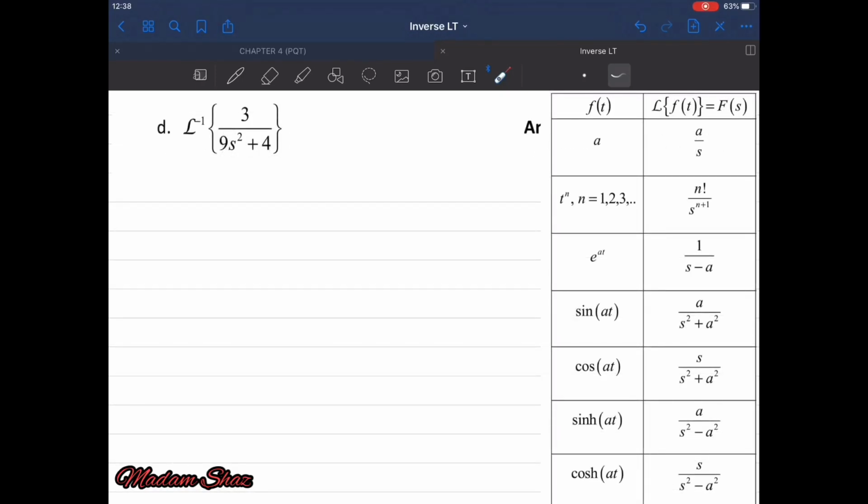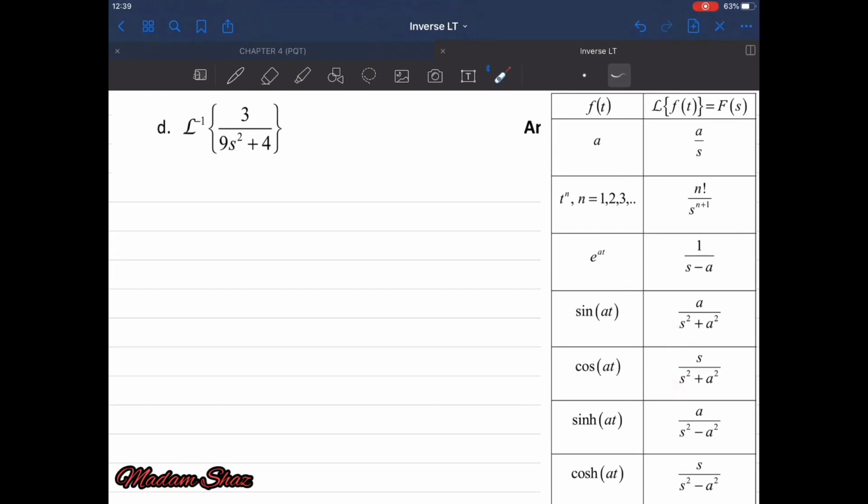By referring to the table of the Laplace transform, the terms that have s squared plus at the bottom side are only a over s squared plus a squared and s over s squared plus a squared. But now this one is only s squared, there is no number beside the s squared. If you have any number beside the s squared, you have to bring the constant to the outside.